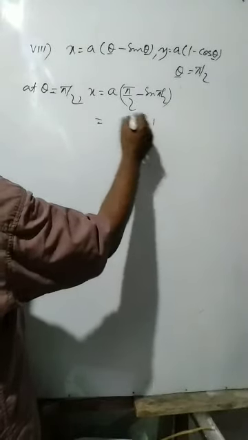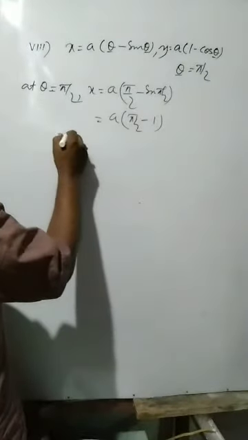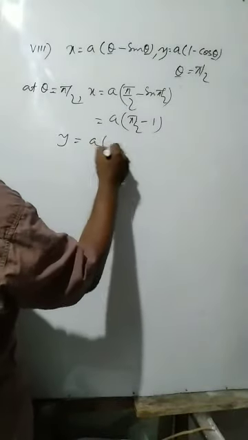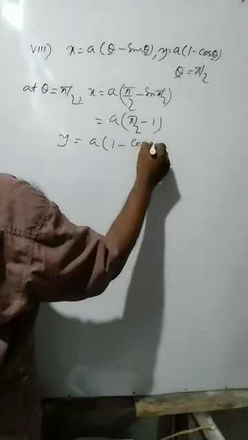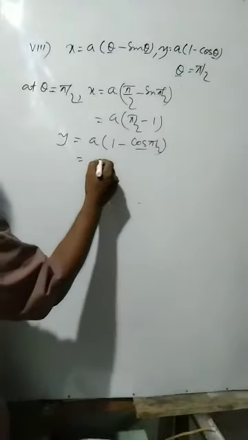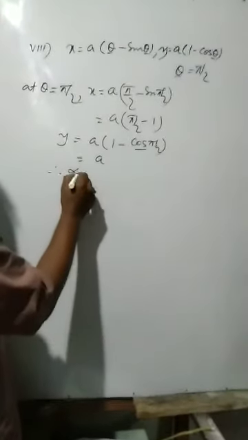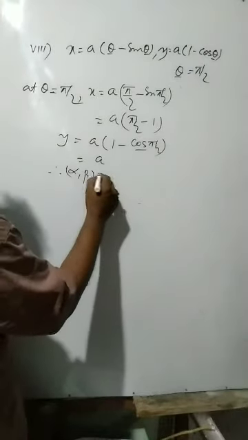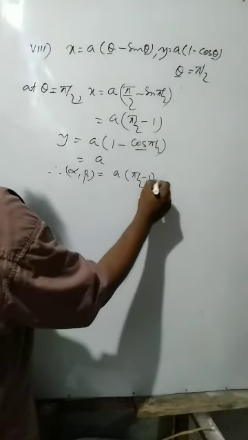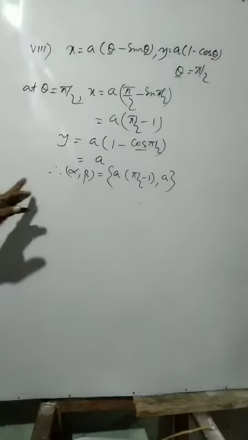This x value came a into pi by 2 minus 1. And y value, again instead of theta you put this: a into 1 minus cos pi by 2. Cos 90 equal to 0. So 1 minus 0, a into 1 minus 0 means a. Therefore the point alpha beta is a into pi by 2 minus 1 comma a. This is alpha beta. Okay.